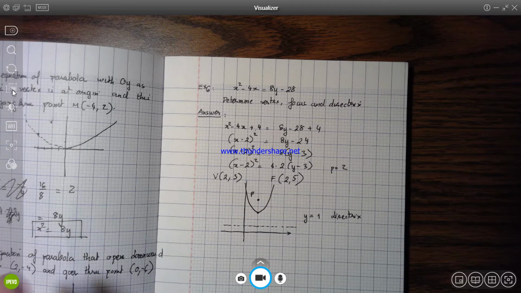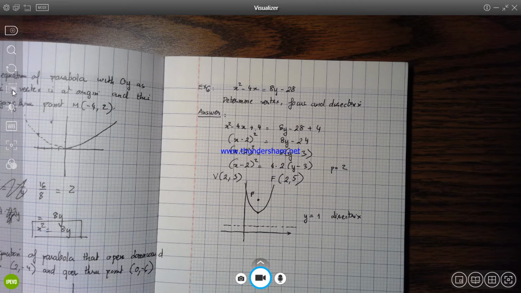So far we've been talking about a vertical parabola only. Now I want to talk about horizontal parabola. The difference between the horizontal parabola and vertical parabola is that you just need to switch between x and y.